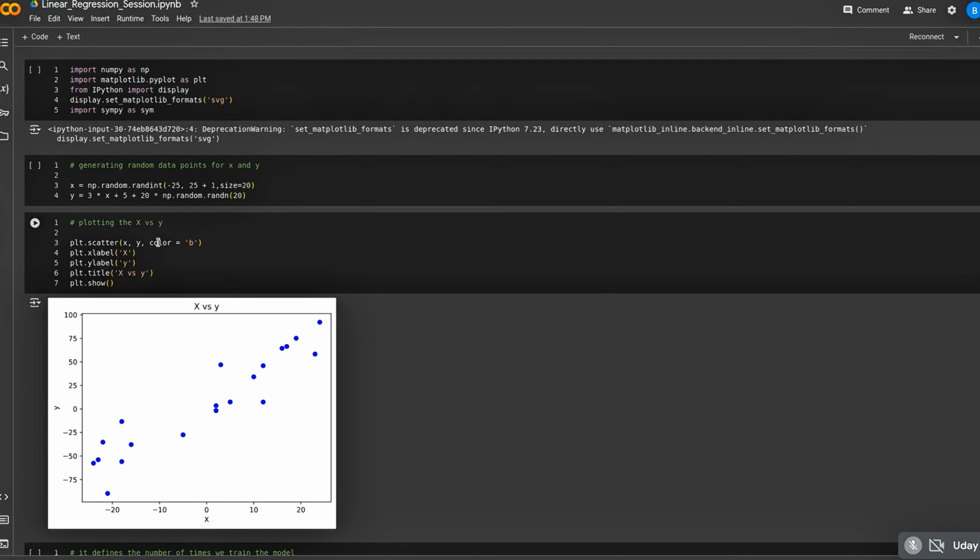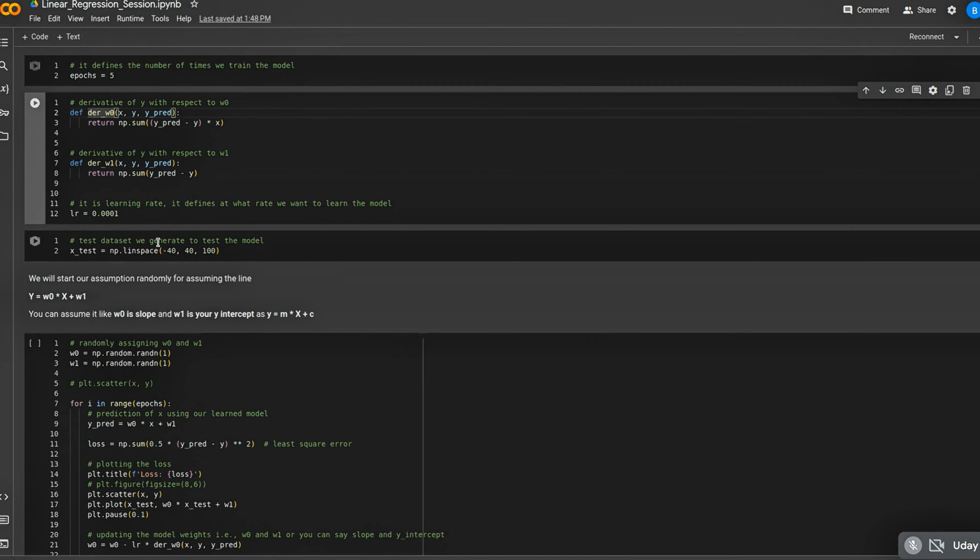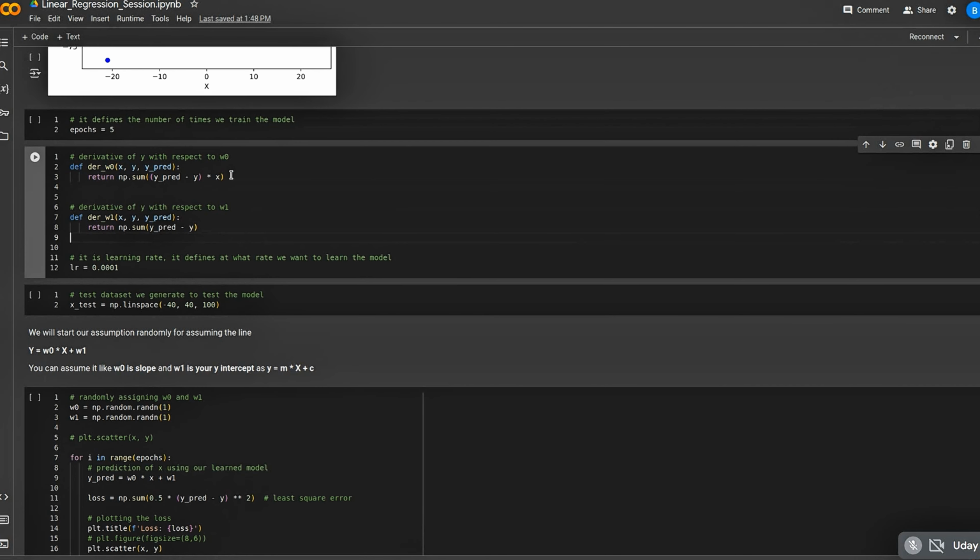This is our equation y equals W naught x plus W1, where W naught is the slope and W1 is the y-intercept. And this learning rate I have taken as 0.001. And these are the derivatives.